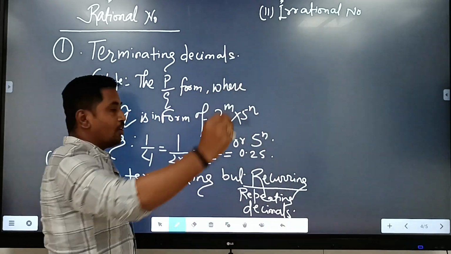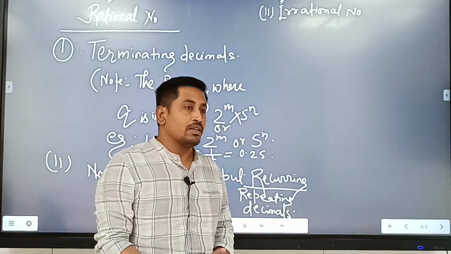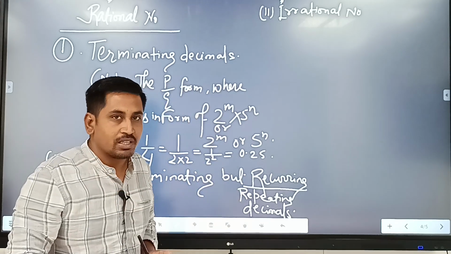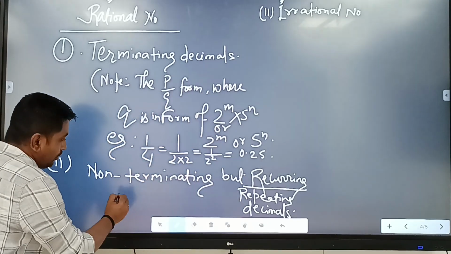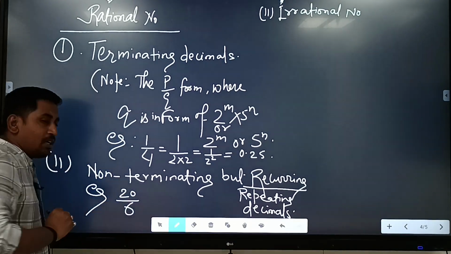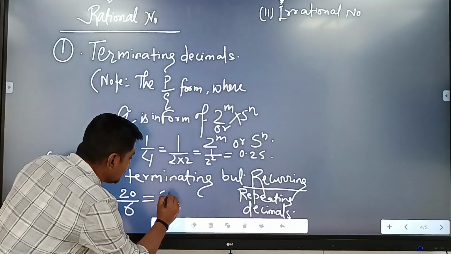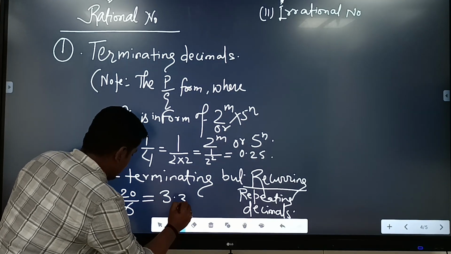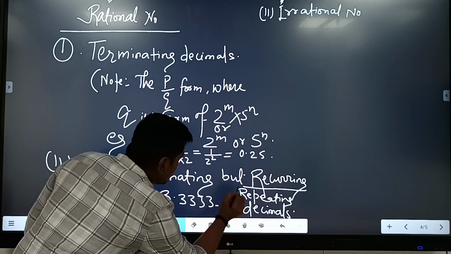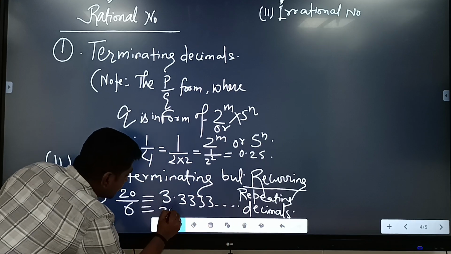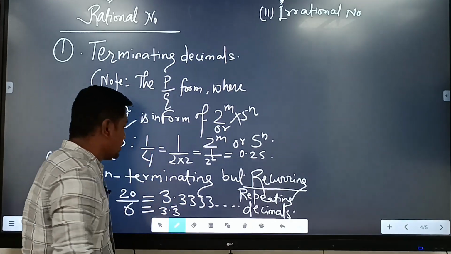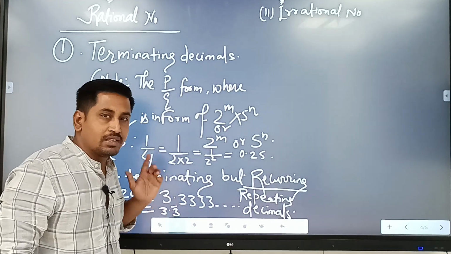Non-terminating means it will not terminate, but after the decimal, the digits will get repeated continuously. Now, for an example, let me write it. 20 divided by 6. If I divide 20 by 6, what do we get? It will result in 3.333. It means, what do you see? After the decimal, only one digit 3 is repeated over here. So this is non-terminating but repeating decimals.